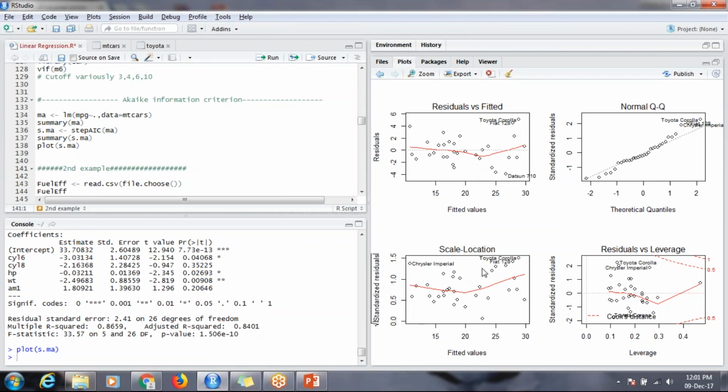Here also same thing. Only thing is that, see, these are the cars which have certain extreme values like Toyota, Fiat, Imperial. So these are a few of the cars which are showing a bit of an abnormal trend. Apart from that, everything looks good.